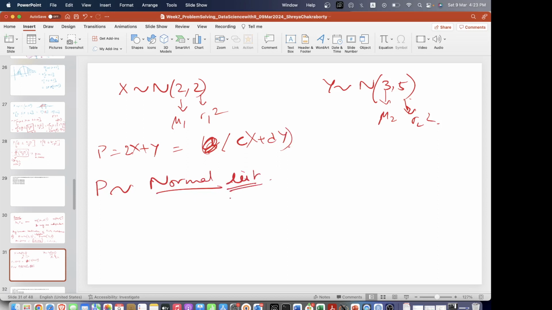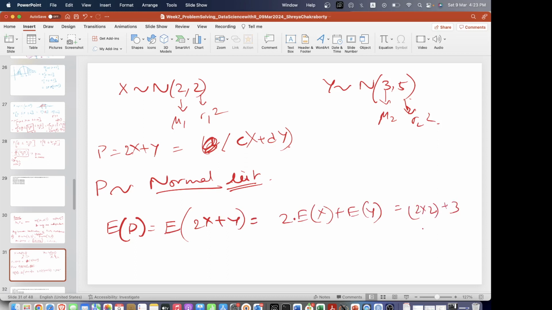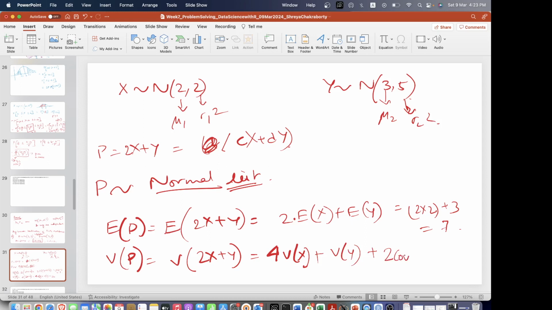This much we know. Now what are the parameters of p? So expectation of p is how much? It is expectation of 2x plus y. So it is 2 into expectation of x plus expectation of y. So that would be 2 into 2, 4, plus 3, that is 7. Okay, and variance of p would be variance of 2x plus y. Now usually this would be 4 variance of x plus variance of y plus 2 into 2 covariance of xy.